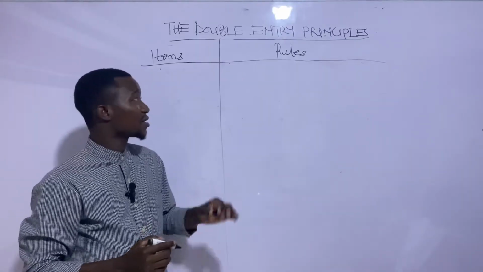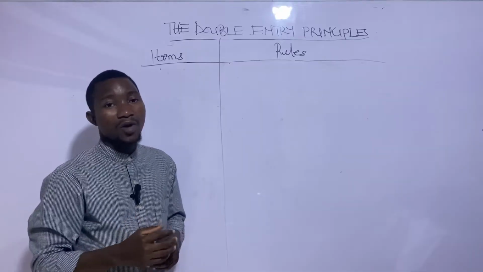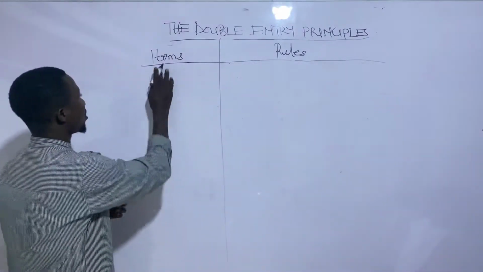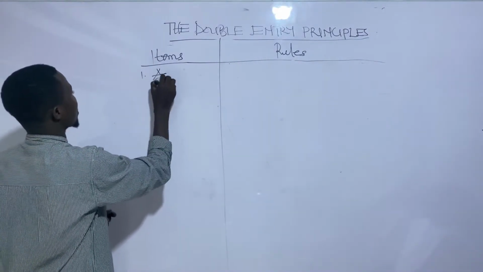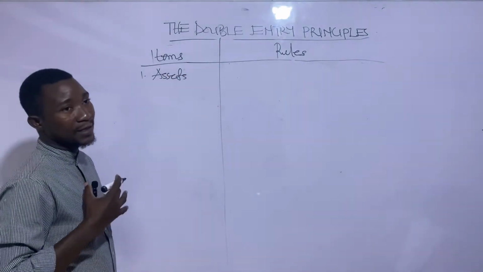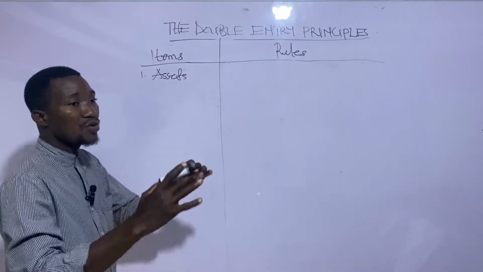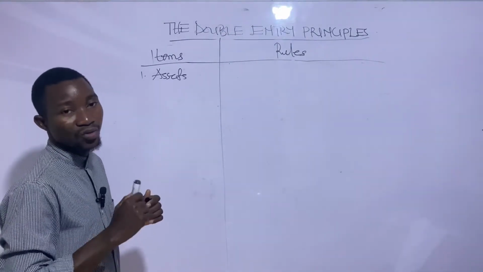So I want us to look at the golden rule for some basic terms that we will be seeing when we are recording our financial transactions. So the first item has to do with assets. So anytime we acquired an asset, it means our asset will increase, okay? And anytime we sold our asset, it means our asset will decrease.